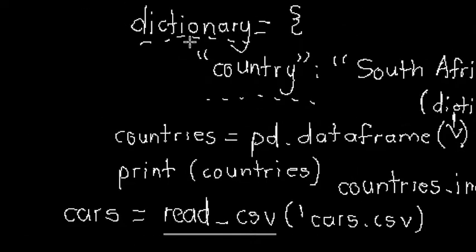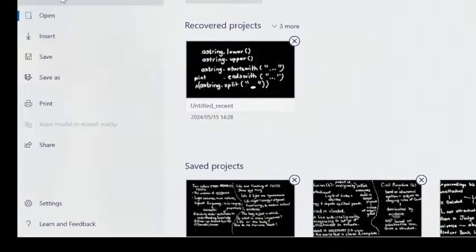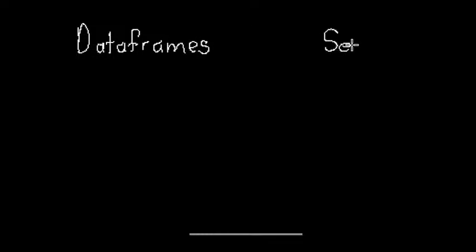Going back to what we discussed earlier in this note taking, we talked about data frames and series, and basically the different ways to access or represent data. You would use double square brackets for a data frame.